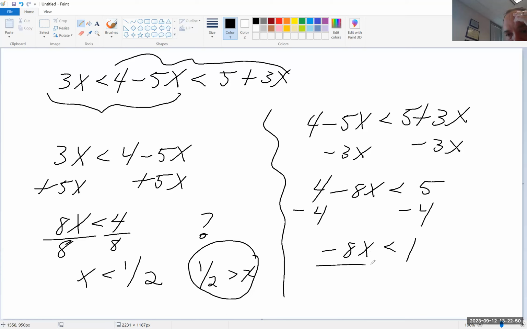And then I'm going to divide by negative 8, which causes me to change the direction of the inequality. So it's bigger than negative 1/8.